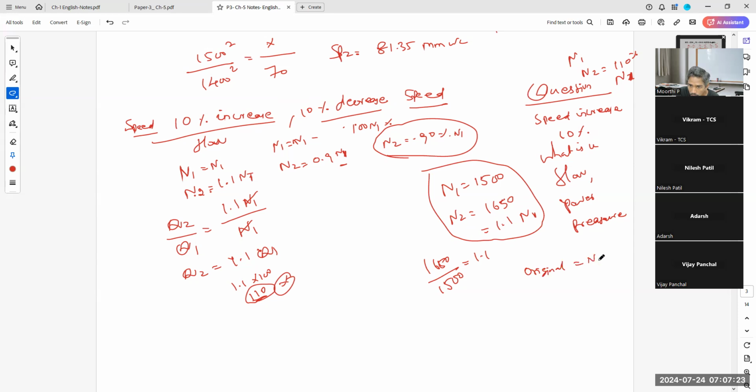Original speed is N naught, final speed is N naught times something. Sometimes they will ask 90%, which means 0.9 N naught, this is N2. Otherwise, sometimes 110%, which is 1.1 times N naught. This is the basic you have to understand. Once we do the calculation, you can easily understand. Now clear this one.